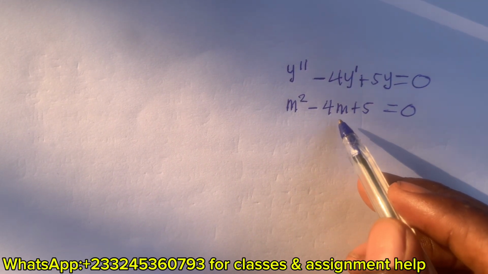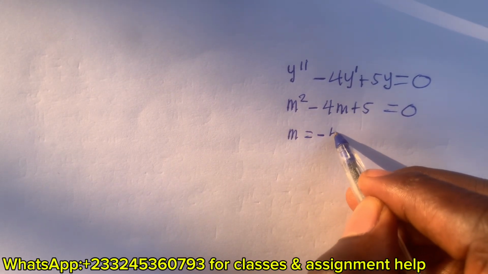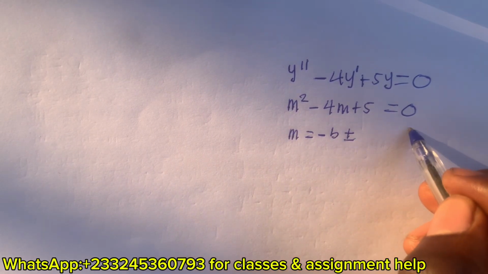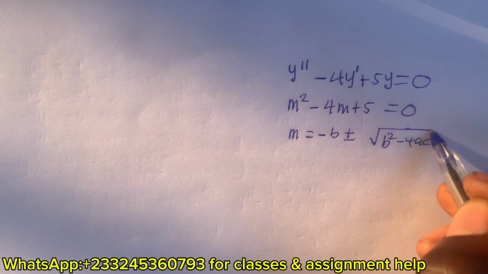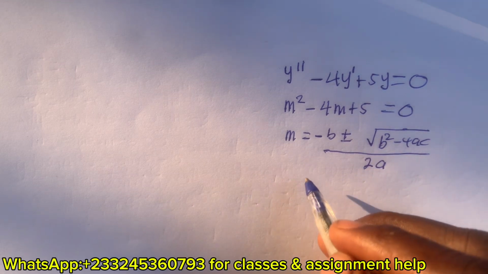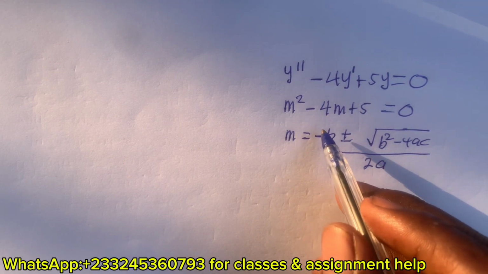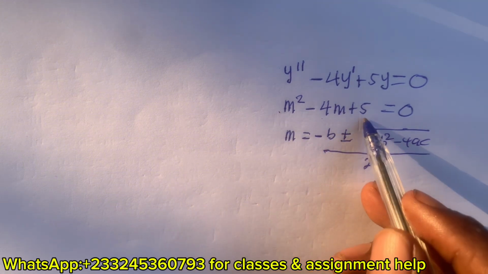Now this quadratic equation does not factorize, so we have to use the quadratic formula. So let's take m equals negative b plus or minus the square root of b squared minus 4ac, all divided by 2a. So our b is negative 4, a is positive 1, and c is 5.